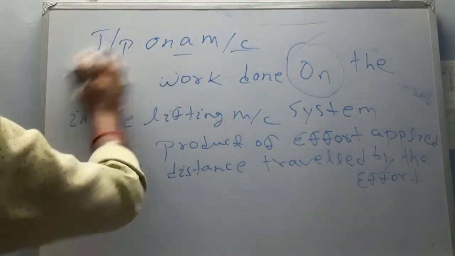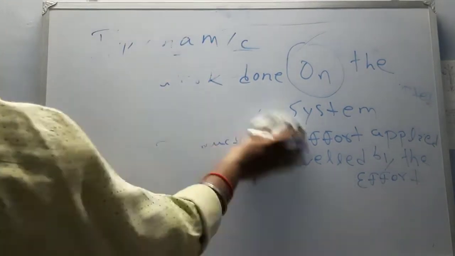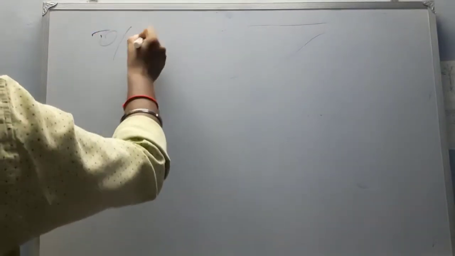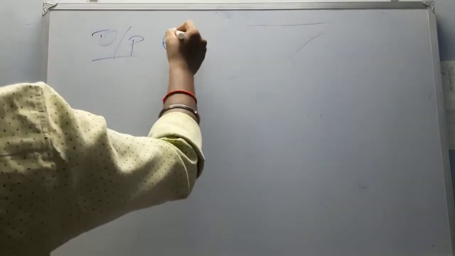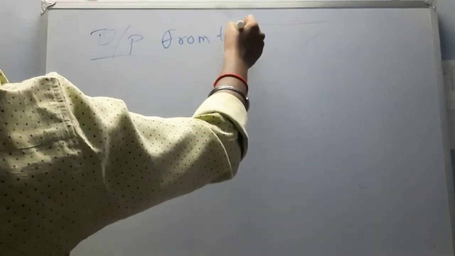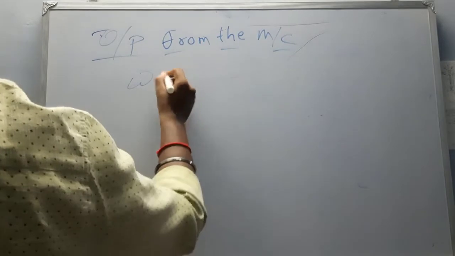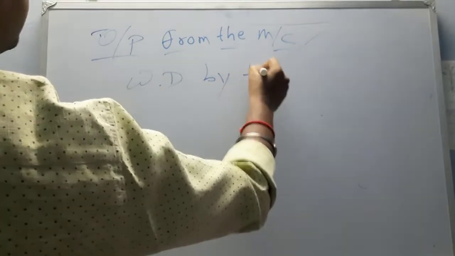Now we will move to another term, that is output from the machine. Output, the result we get from the machine, is nothing but work done by the machine.